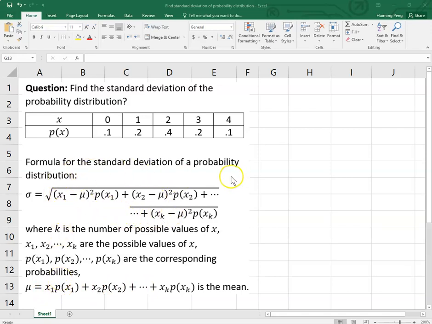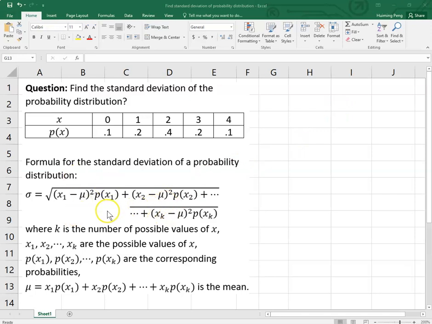Under the square root it's exactly similar. For each term it is a product, and then we add all the products together, which is the sum of the products of (x minus mu) squared and p(x). So we can use the SUMPRODUCT function provided in Excel to do this job.